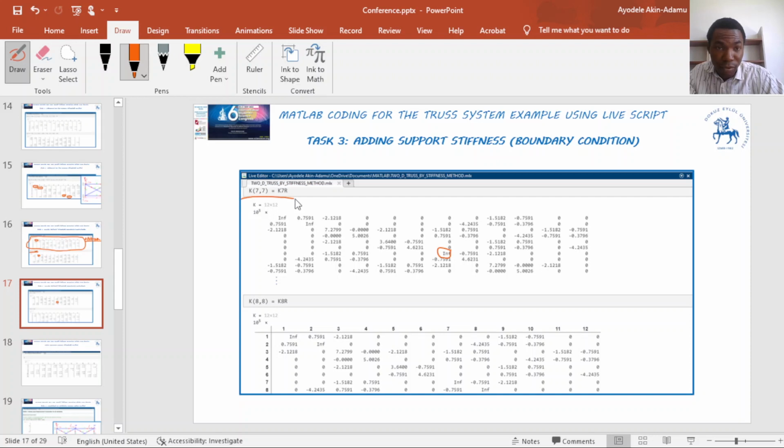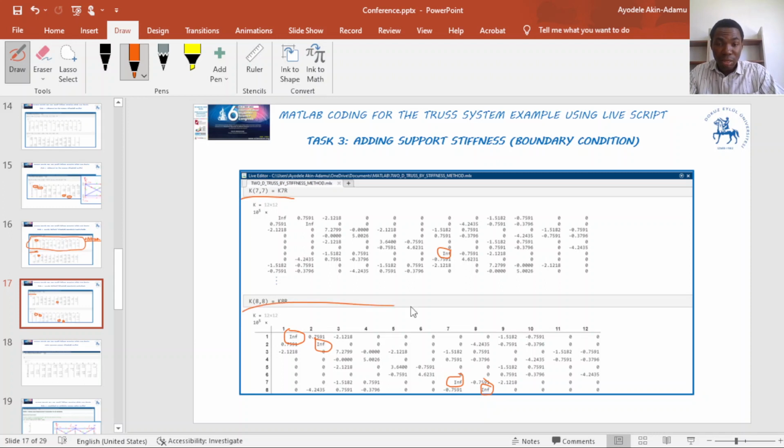So this line of code, K7,7 equals K7R at infinity at 7,7 of the global stiffness matrix. At 8,8 of the global stiffness matrix, I also added infinity. So these are the 4 infinity values I used to modify the global stiffness matrix.